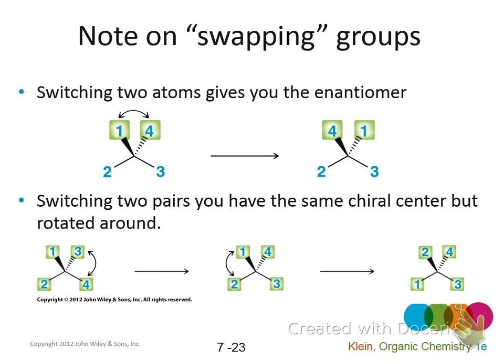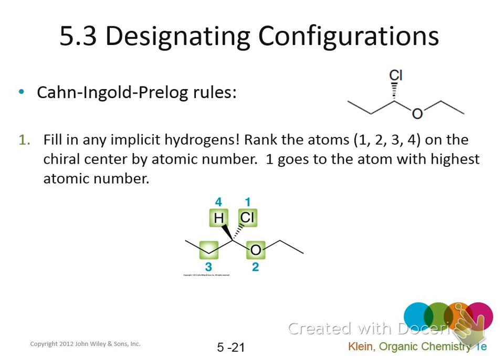Okay, another technique, if that really bothers you, is before you do the assignment, make sure 4 is in the back. The way you make sure 4 is in the back is you have to switch 2 groups and another 2 groups so you don't switch the configuration.